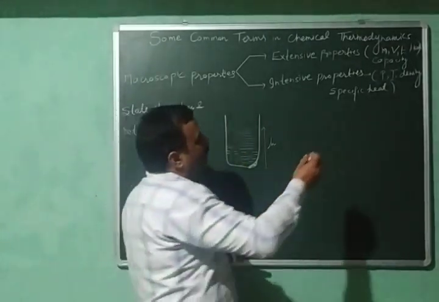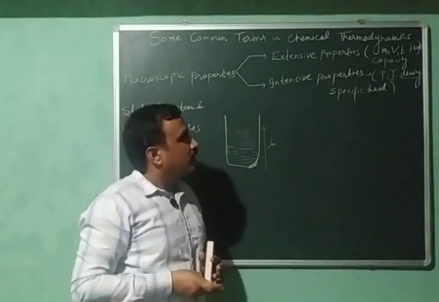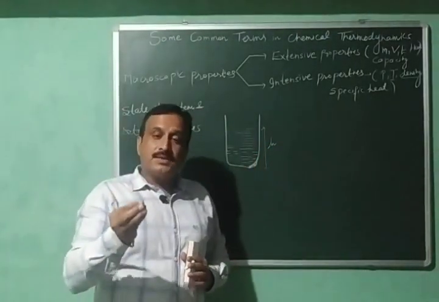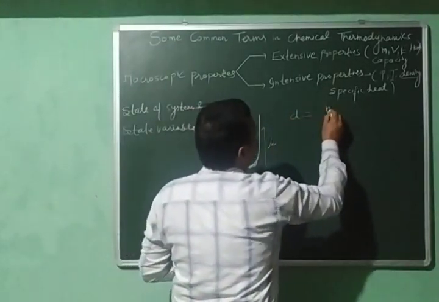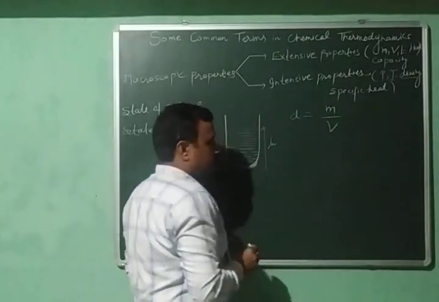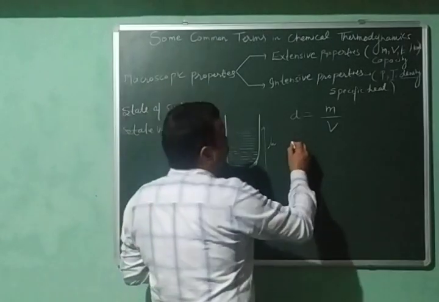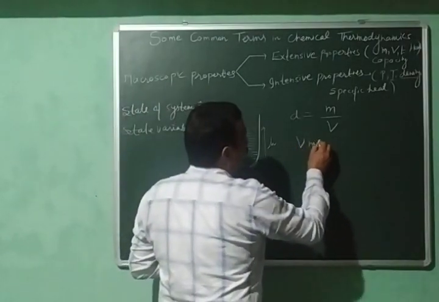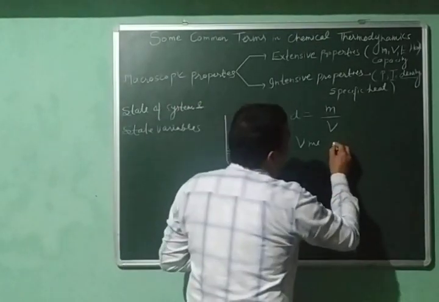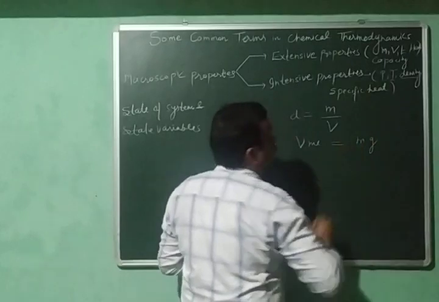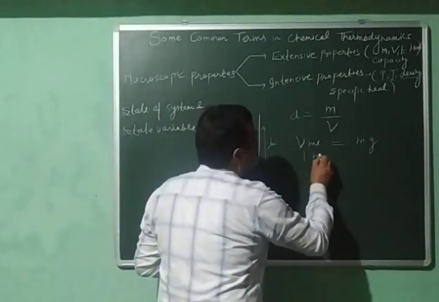Now let us discuss how density is an intensive property. Density is mass per unit volume. Let us define this term in another way. If the volume of a liquid is V ml, and the mass of that liquid is m grams, then what is the weight of 1 ml?